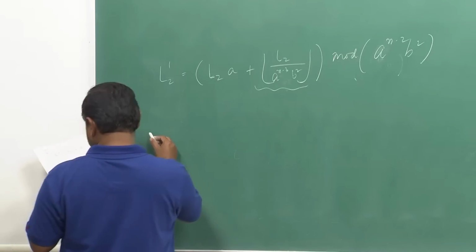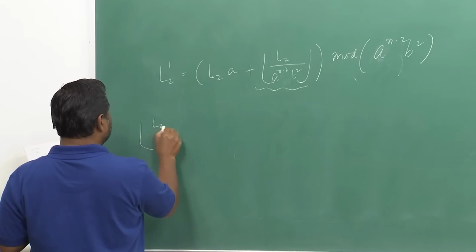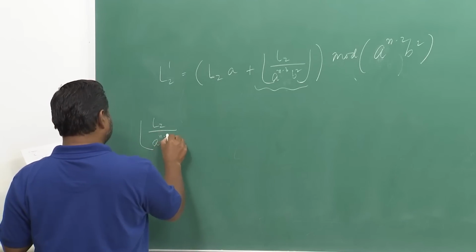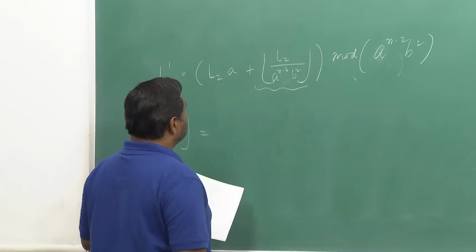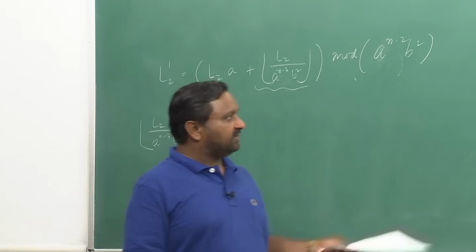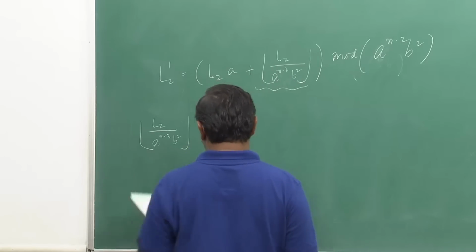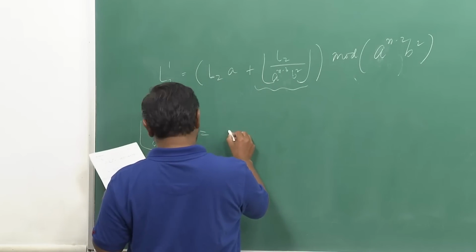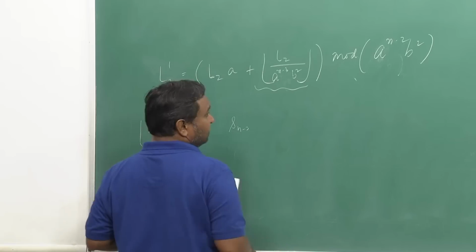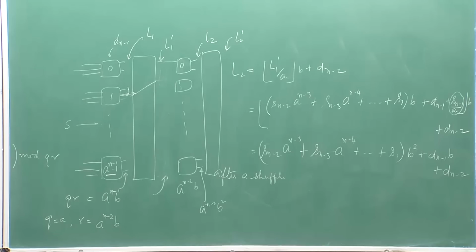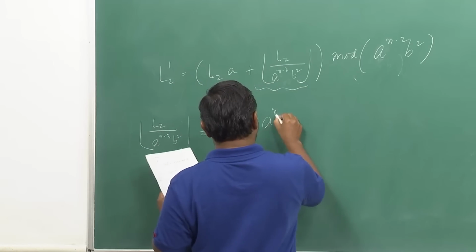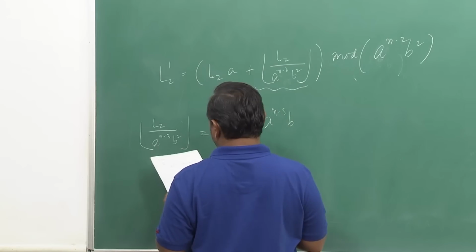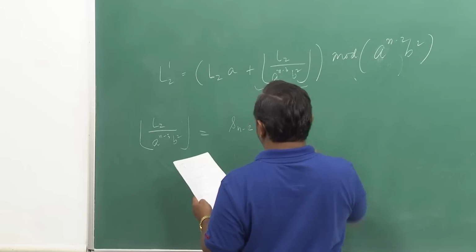So, we will have L2 divided by A raised power n minus 3 b square with floor function. So, I can write down whatsoever is the value of L2 which we have derived and then divide by this. So, let us do that. So, I will have Sn minus 2, A raised power minus n3, b square.